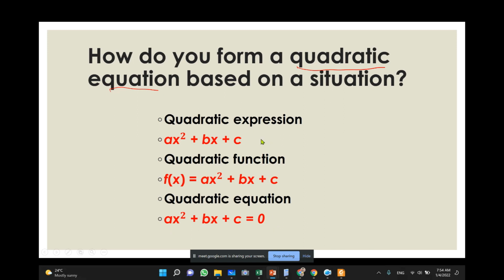Expression, there's no equal sign at all. It's just an expression. Function, we have a function in front, f(x). And when it comes to equation, we will equate it to 0. That is the general form for quadratic equation. So today we are going to apply this quadratic equation, the last one here. Form a situation, we are going to form a quadratic equation.